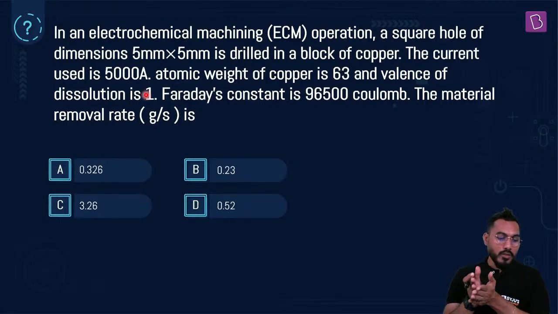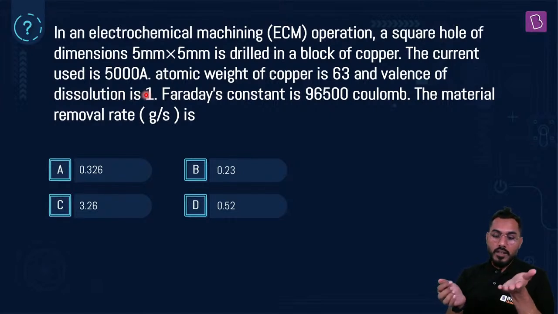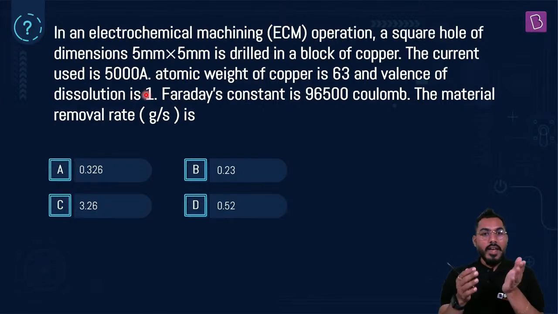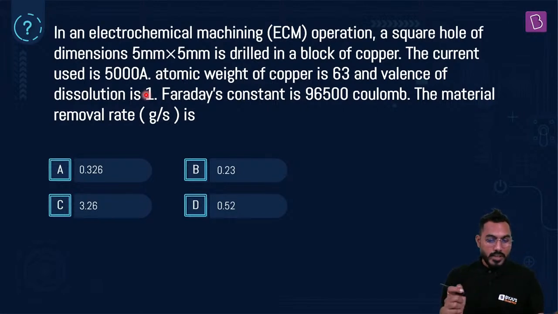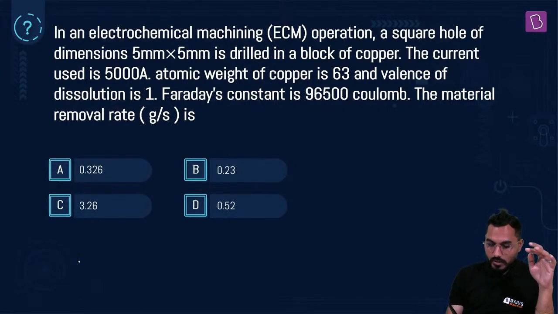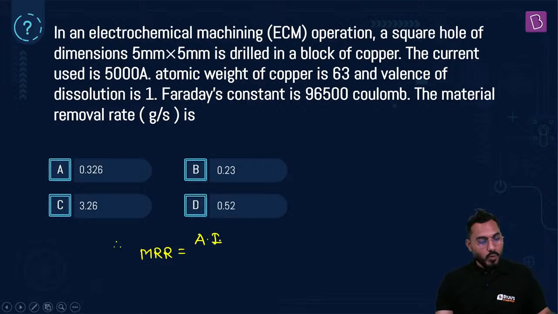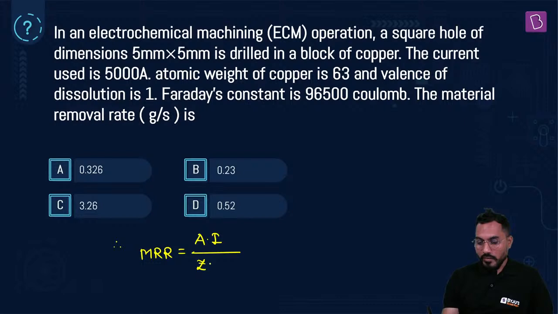And the formula we also know. The formula is very simple: A into I divided by Z into F. So material removal rate is equal to A into I divided by Z into F. Let me write down the values which are given.